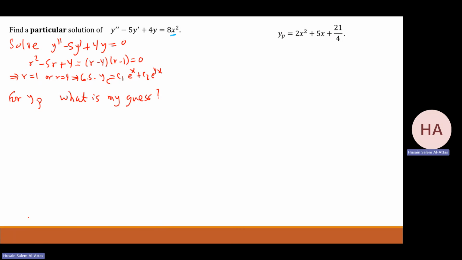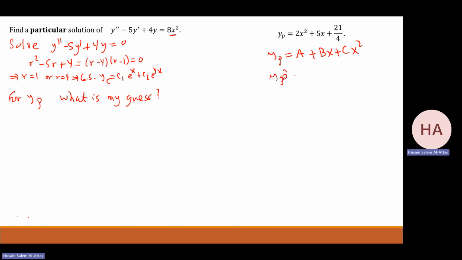So my guess for yp will be, starting from the constant until I reach x squared, a plus bx plus cx squared. That will do it. Let me check yp prime.